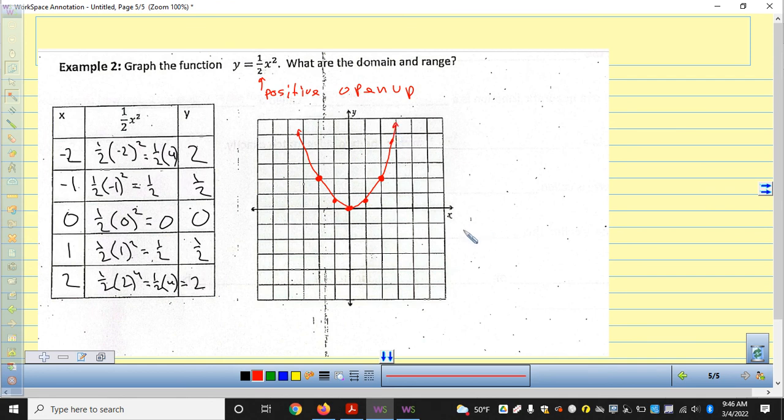The vertex, because it opens up, is a minimum. And we can see that the y-axis is our axis of symmetry.